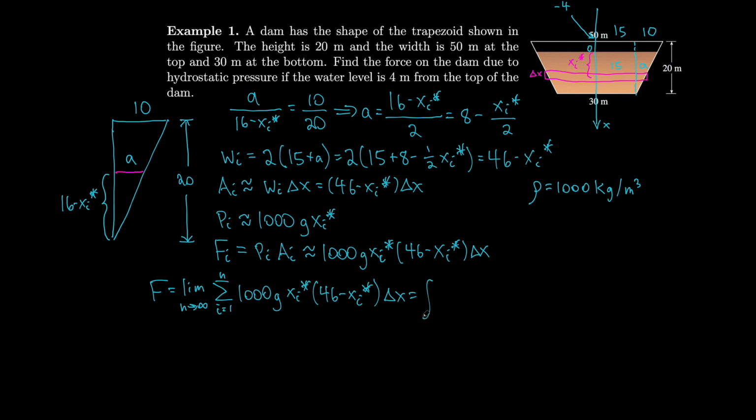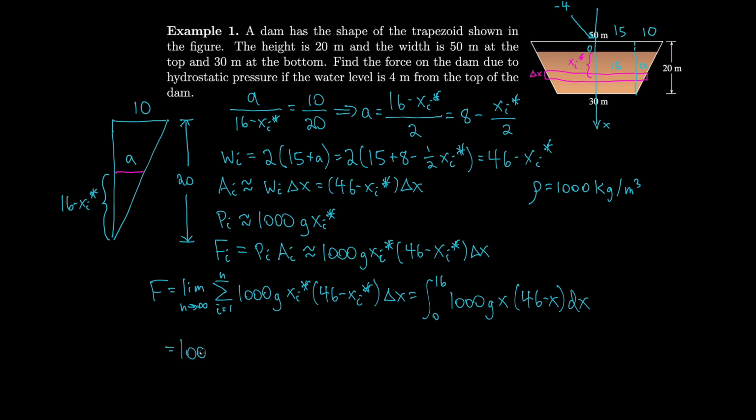And that becomes the integral from 0 to 16. Because remember, I start at 0 and I only go down to 16 because that's how much the water is. I'm not doing the entire trapezoid. I'm only starting where the water is. So I get 1000 g, and then xi star becomes x, and we get 46 minus x dx. Because remember, it doesn't matter where the sample points are when you convert to the integral. When you take the limit, you can take the sample points anywhere.